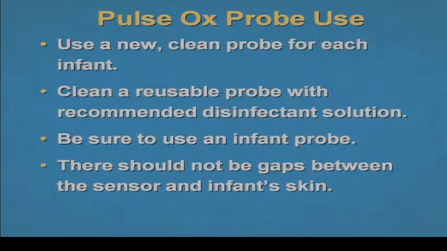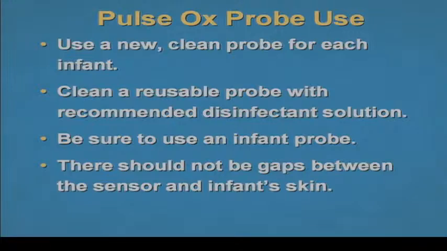It is important to use a new clean probe for each infant if you're using a disposable probe. And if you're using a reusable probe, you should clean it per the manufacturer's recommendations for use of disinfectant solution. You also want to be sure to use an infant probe.